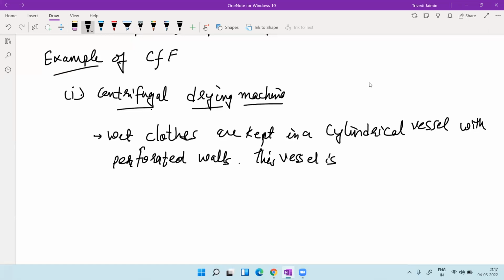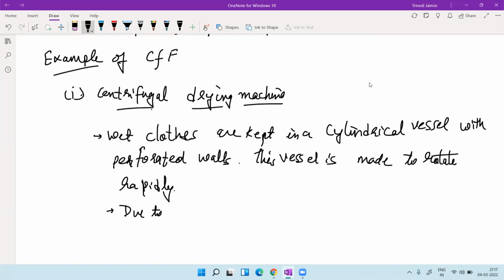This vessel is made to rotate fast. Now, what happens here?